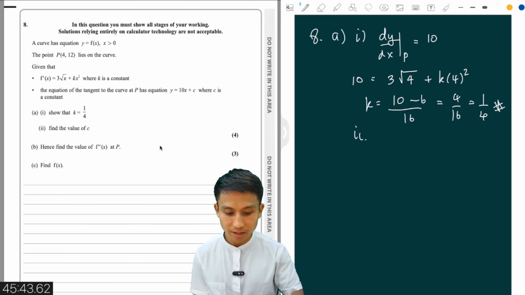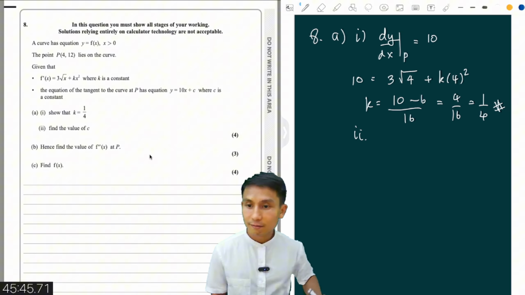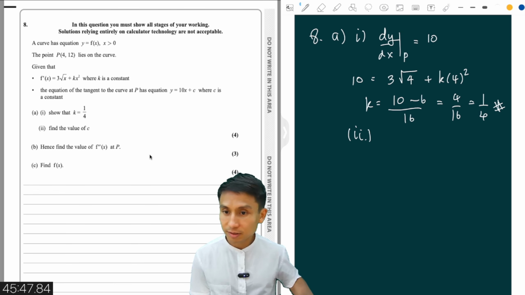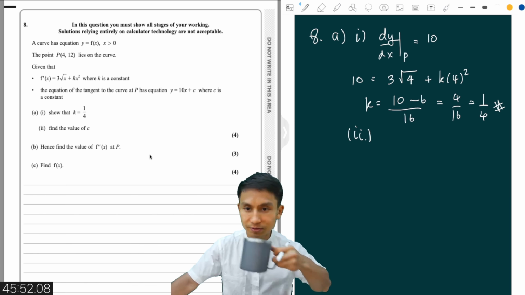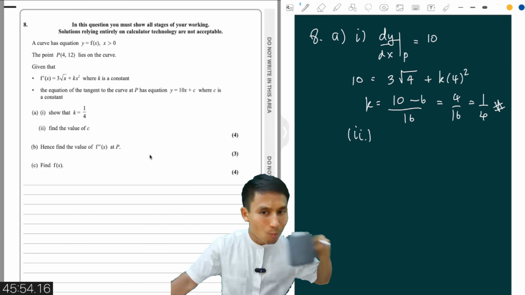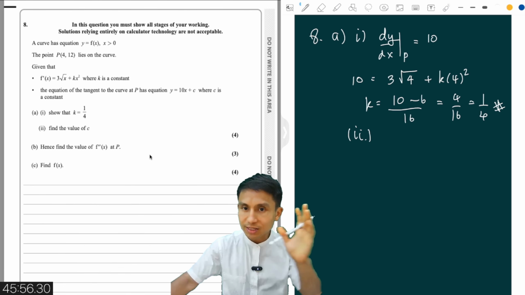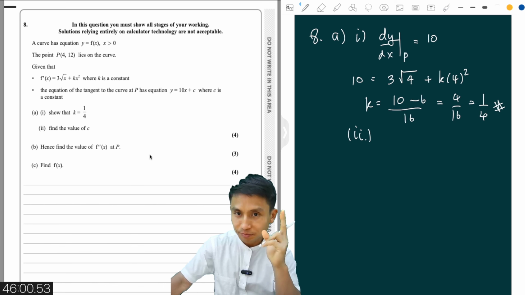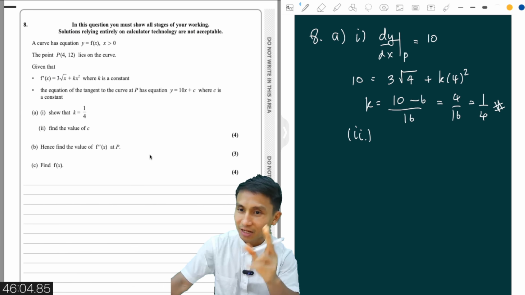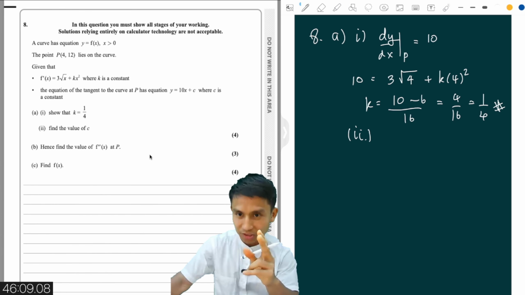So part II. Find the value of C. The value of C, let me sip water, is just the linear equation there, the y-intercept. But we know that P lies on the line because that point P is the point on the tangent.